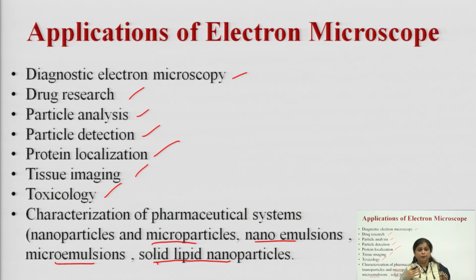So electron microscopy, and what we studied in the previous lecture, that is light microscopy, all microscopies are helpful. But from time to time, higher versions of microscopes have been developed. From the bright field microscope we move towards the dark field microscope, and from dark field we move towards the phase contrast microscope.